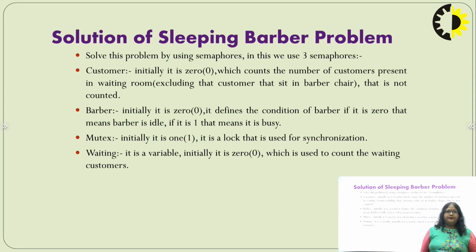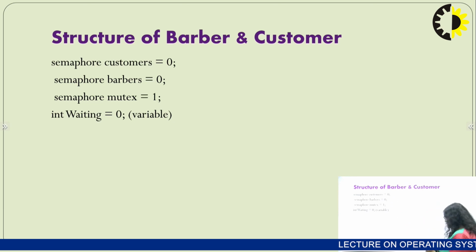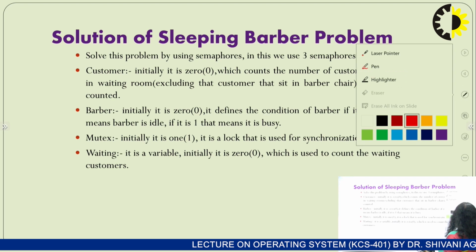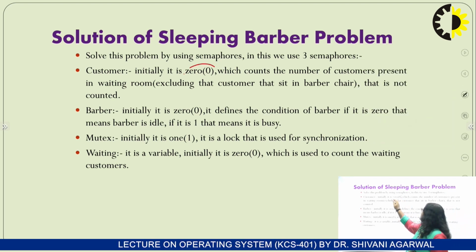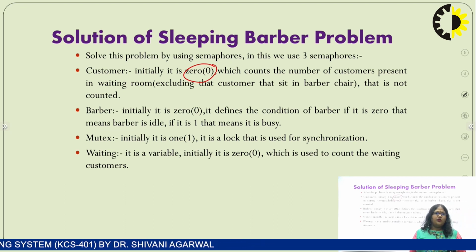Basically, this value counts the number of customers present in the waiting room, excluding the customer sitting in the barber chair, who is not counted.